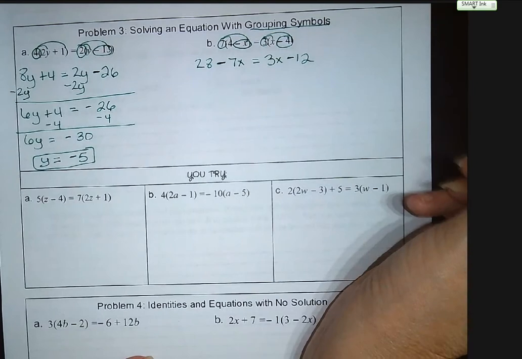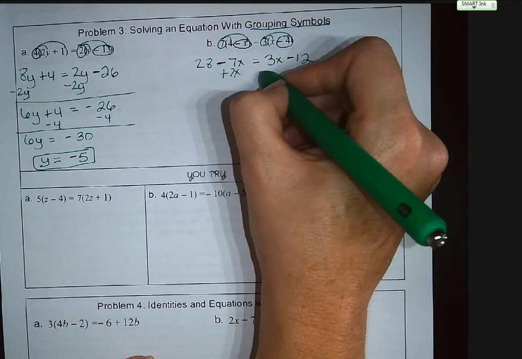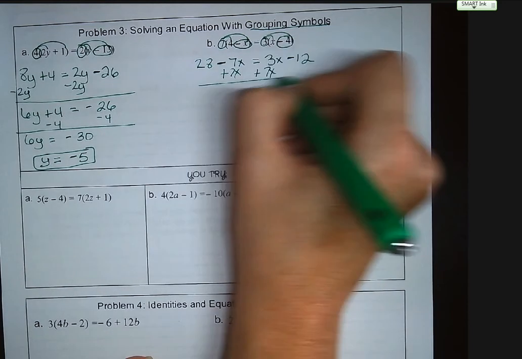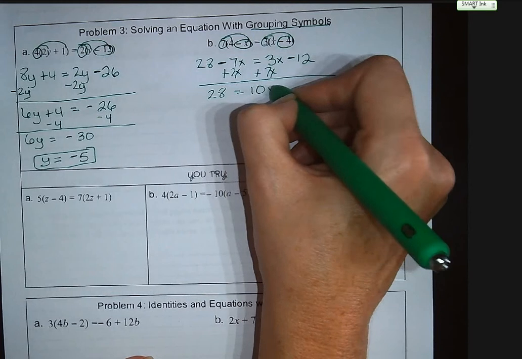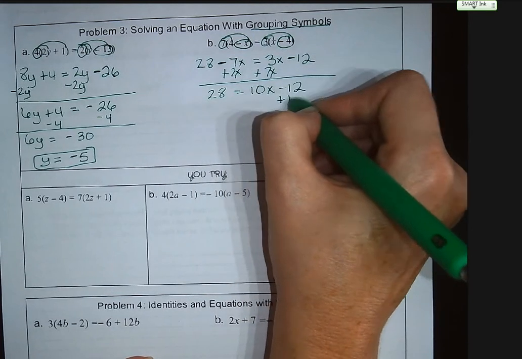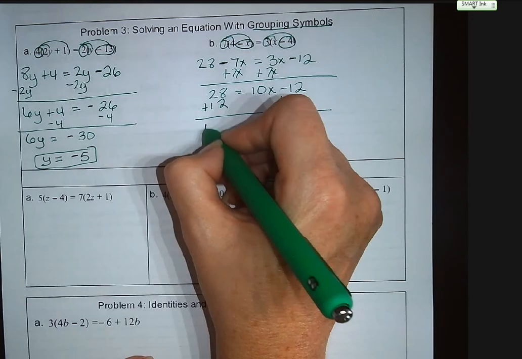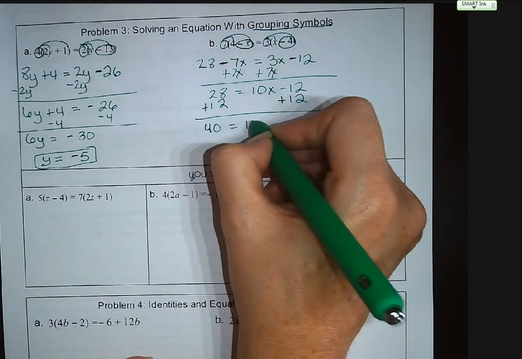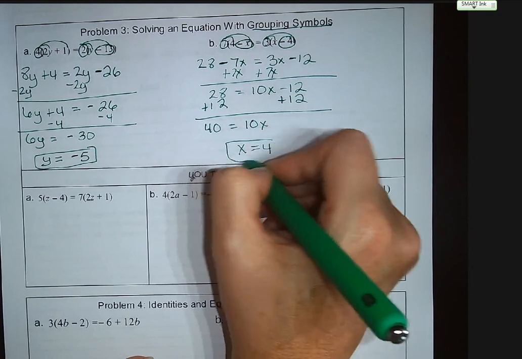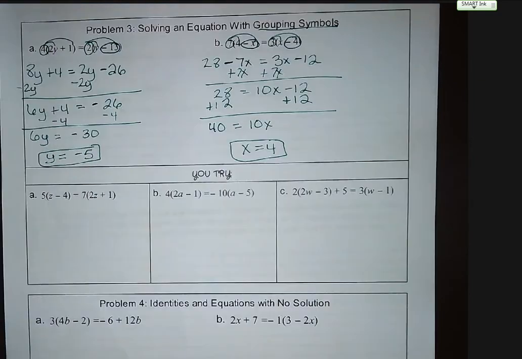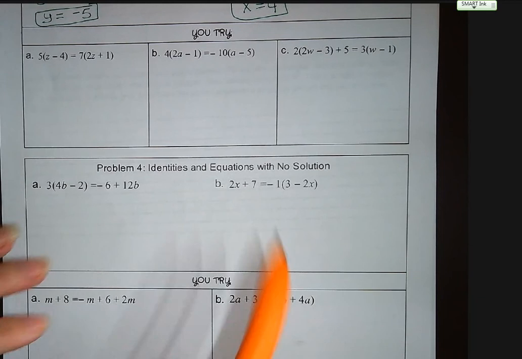So we're going to add 7x to both sides of the equation. 28 is equal to 10x minus 12. Add 12 to both sides. 40 is equal to 10x. Divide both sides by 10. X is equal to 4. All right, you guys give letters A, B, and C a try, and then come back for the answers.